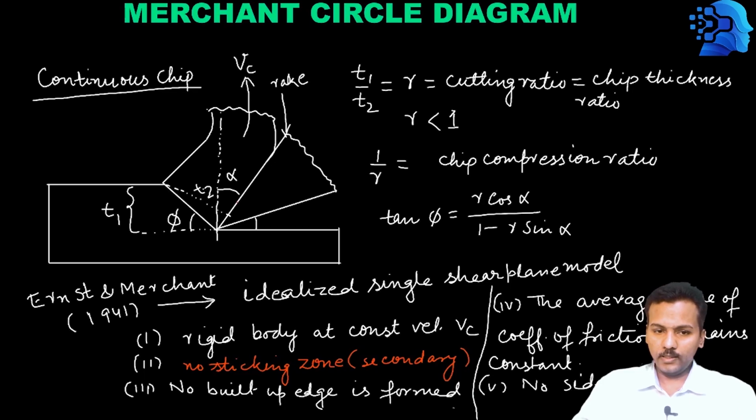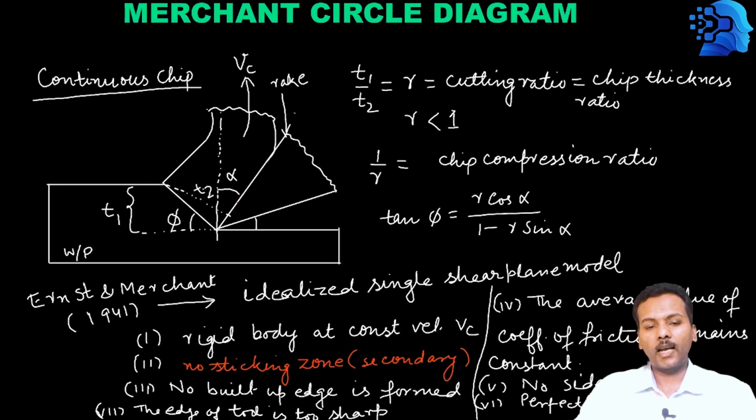Further, it is assumed that the workpiece is perfectly plastic and the edge of the tool is ideally sharp. As the chip is flowing at a constant velocity, the resultant force acting on the chip is 0. There is no external force acting on the chip, so it can flow at a constant velocity.